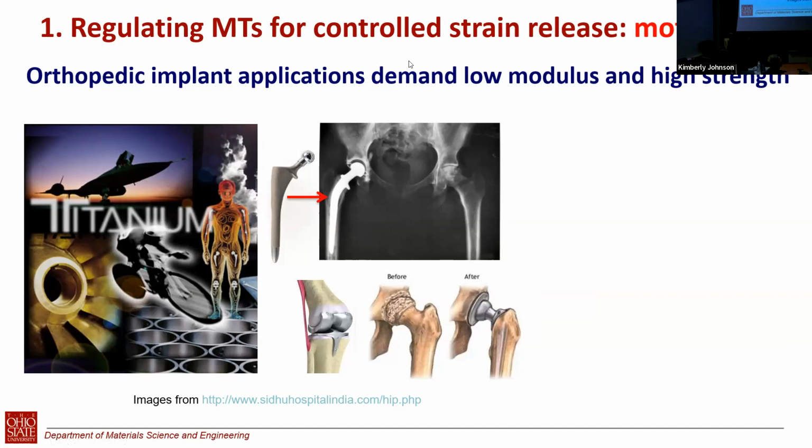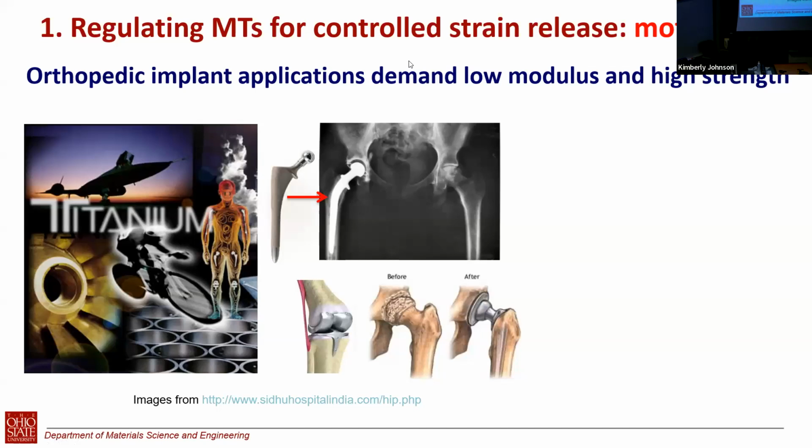But if you look at the actual requirements for the modulus, the human bone modulus is around 20 gigapascal. The first generation stainless steel and the second generation titanium alloys are all way higher than 20 gigapascal.